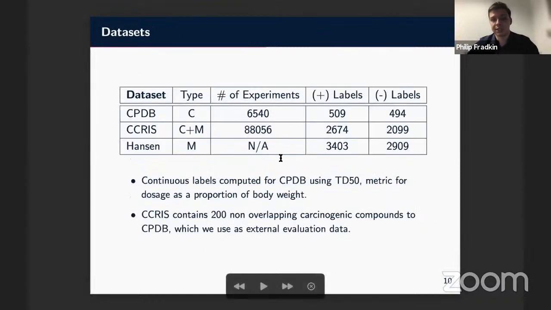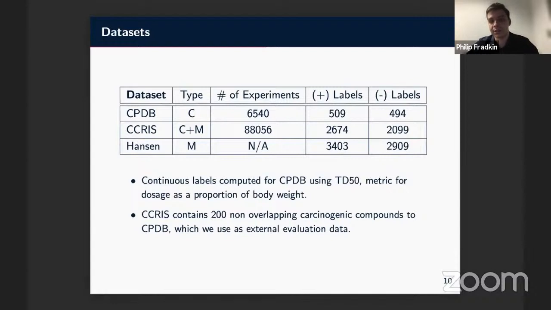So in terms of data sets, we use 3 data sets. The first is CPDB, which I mentioned earlier as having only 1,000 molecules. In CPDB, the authors computed this TD50 metric that I alluded to that measures dosage as a proportion of the animal body weight.